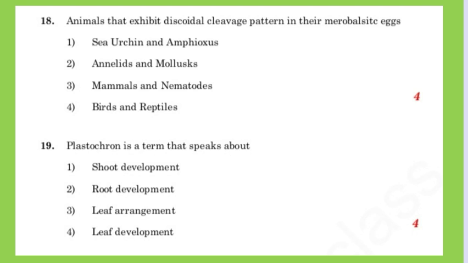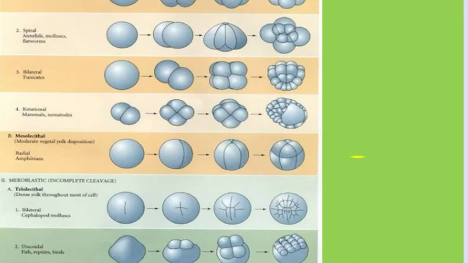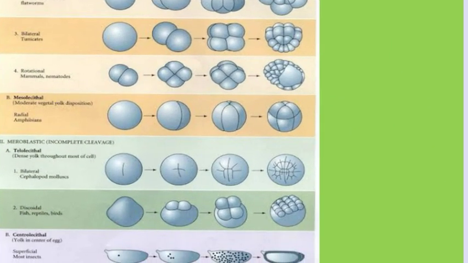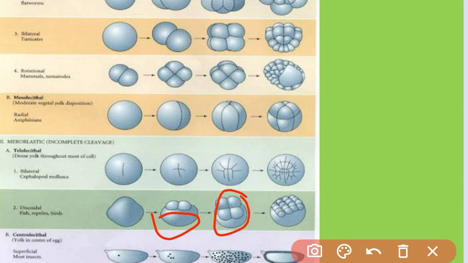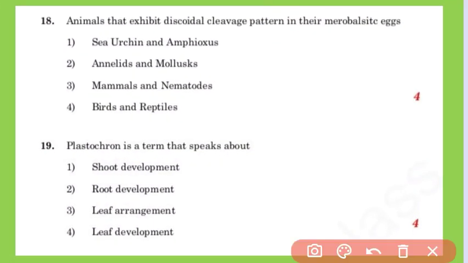In discoidal cleavage, the cleavage occurs from a disc-shaped primer cells, 1 to 2, 2 to 4, and such cleavage is known as discoidal cleavage, and it is shown by fish, reptiles, and birds. Option 4 is the answer of this question.